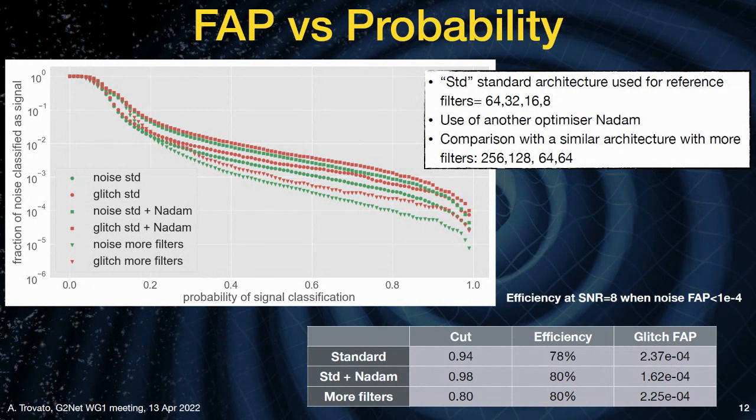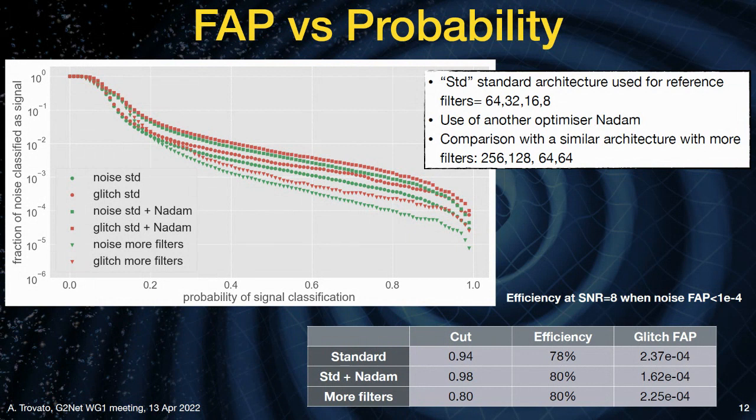Here noise and glitch are separated. The noise is always in green, the glitches are always in red. And here you see the comparison between some different architectures. The circle, the one in the middle, is what we refer to as the standard configuration, the one that we use as a reference.